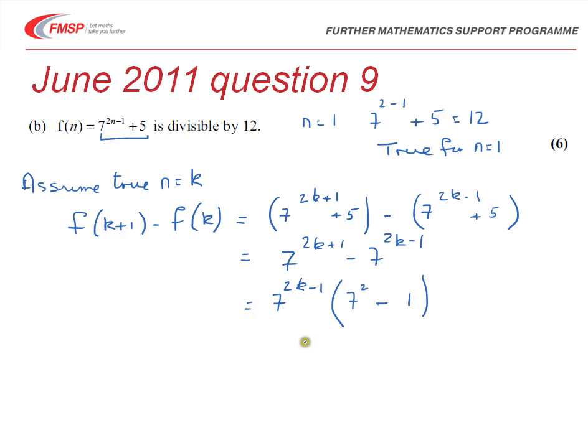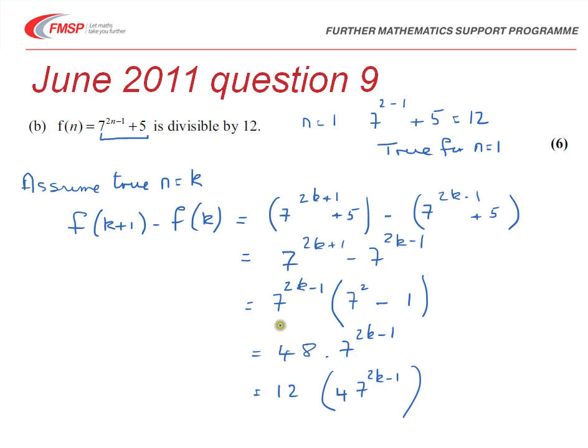And this is 48, so this is 48 multiplied by 7 to the 2k minus 1. Or in other words, it's 12 multiplied by 4 times 7 to the 2k minus 1.